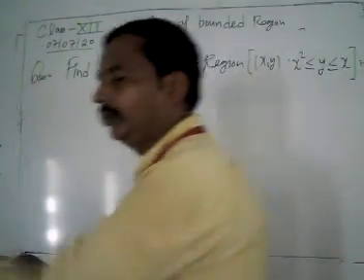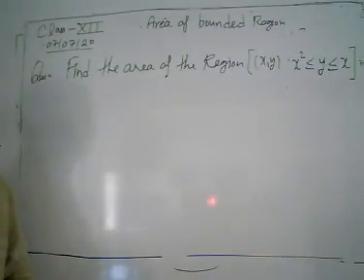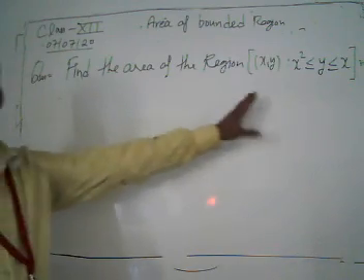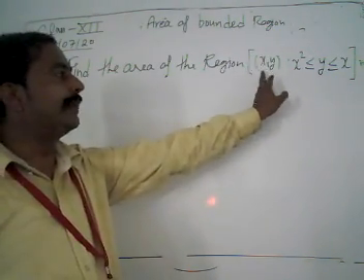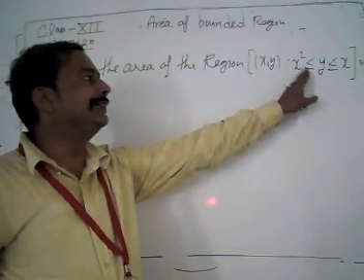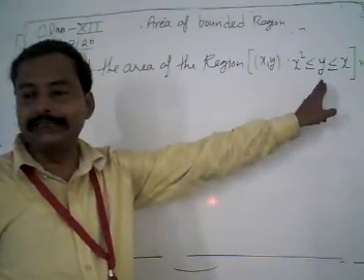Now look, we have a problem. We have to find the area of the region given by (x, y) where y is greater than or equal to x square and y is less than or equal to x.